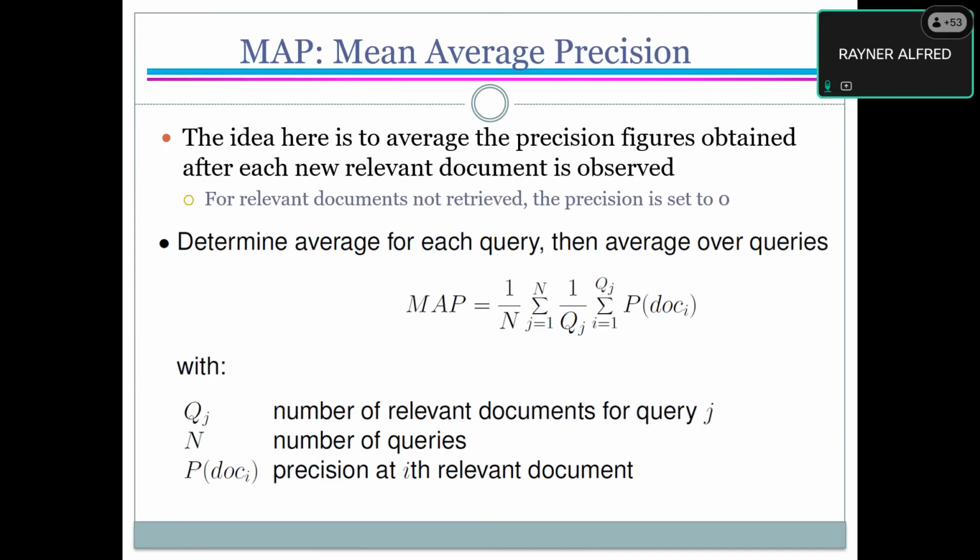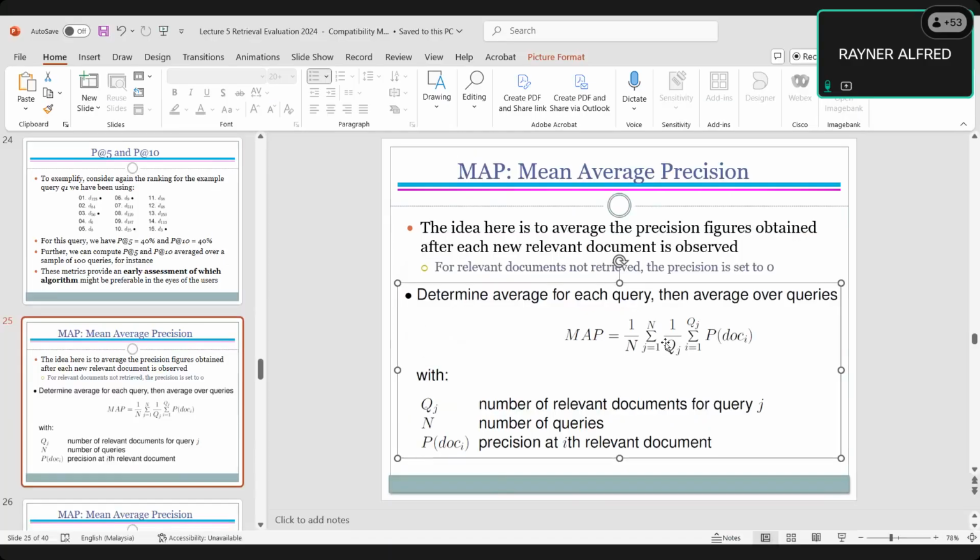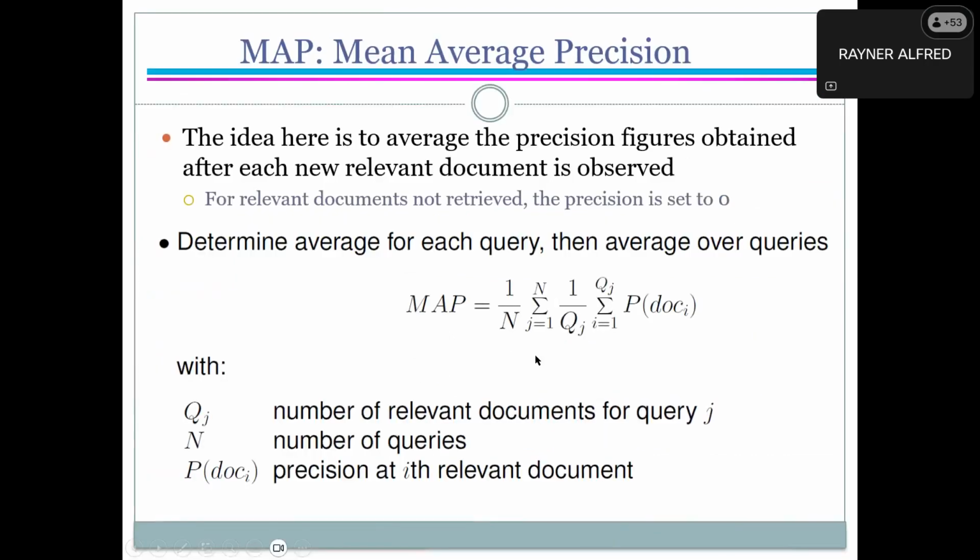Okay, if you look at the formula here, the MAP, which means average precision, is actually taking the average of the precision for all the documents that we have.